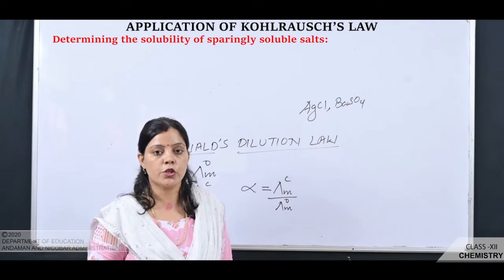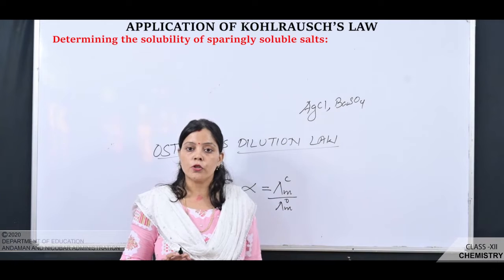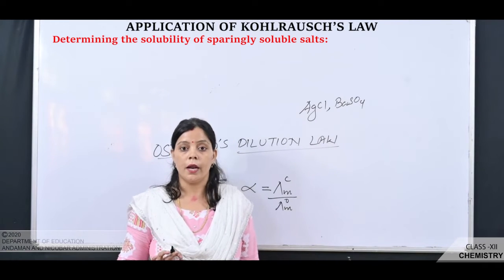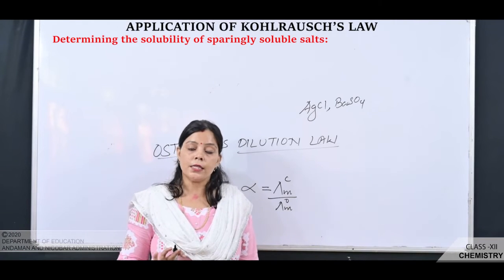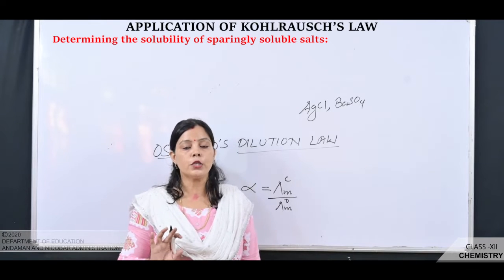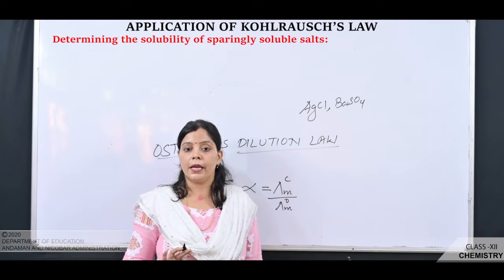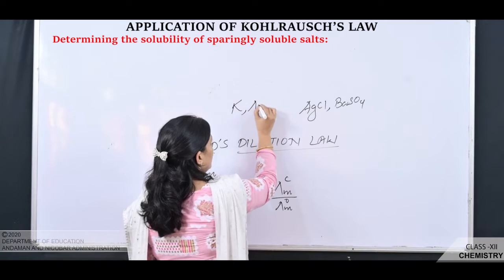So the aqueous solution of such salts is an infinitely dilute solution due to their extremely low solubility in water, and at the same time it is a saturated solution. The concentration of such a salt in its aqueous solution pertains to its solubility and can be calculated by the measurement of conductivity and molar conductivity.